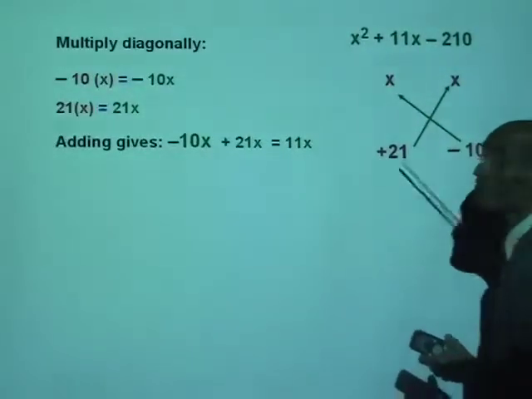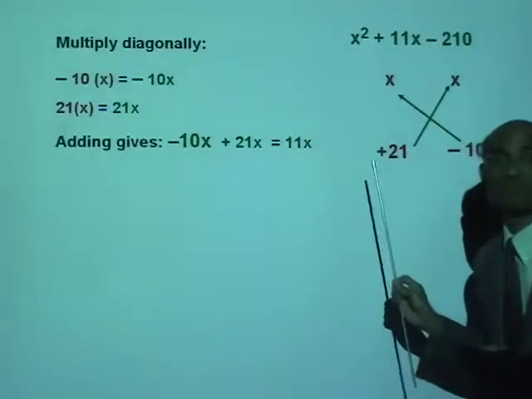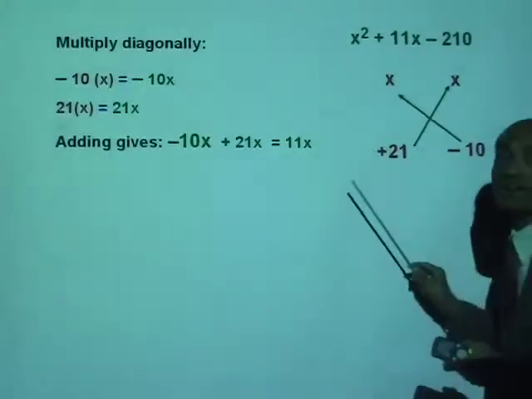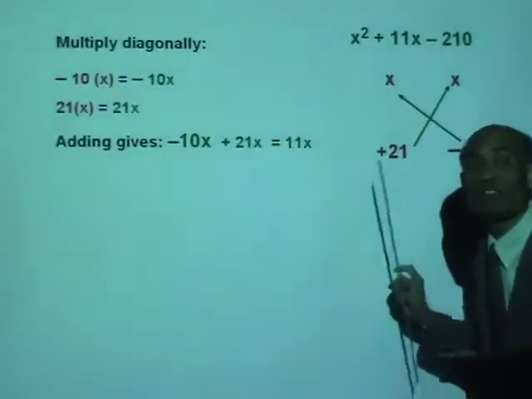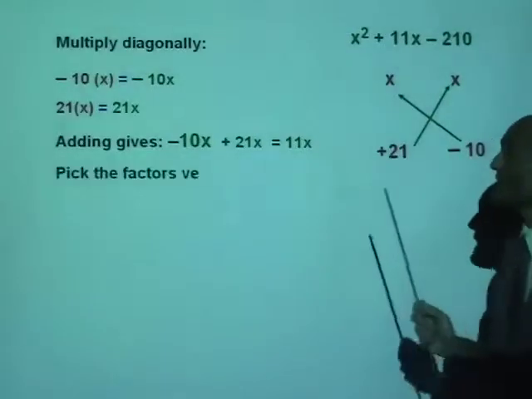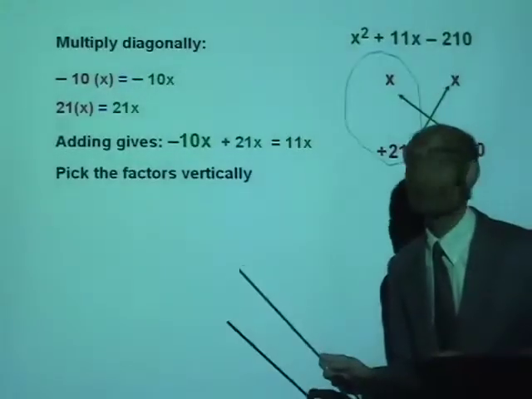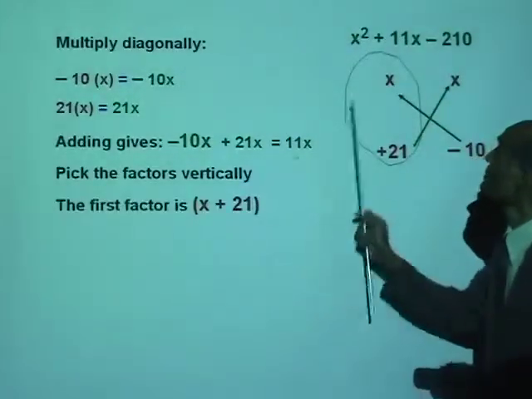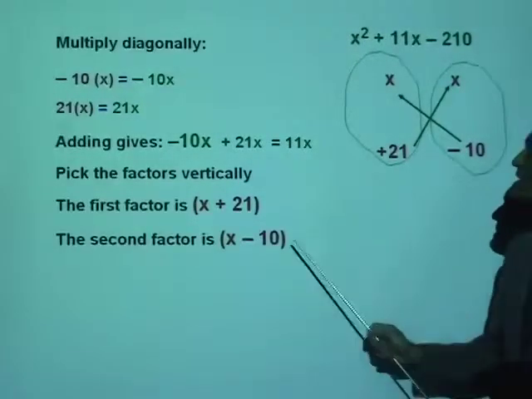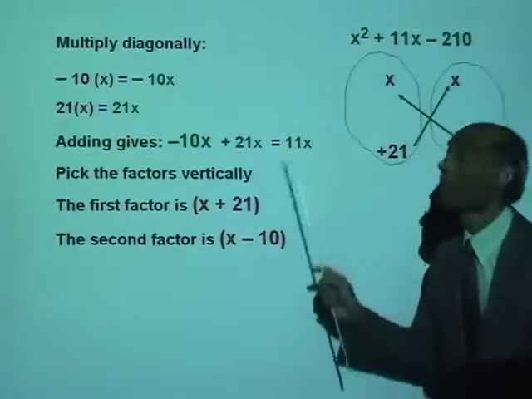Tell me, what is the first factor? The first factor is x plus 21. What is the second factor? The second factor is x minus 10. There you are. So the first factor is x plus 21 and the second factor is x minus 10.